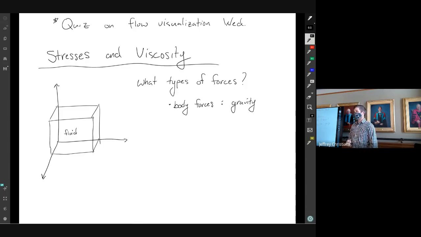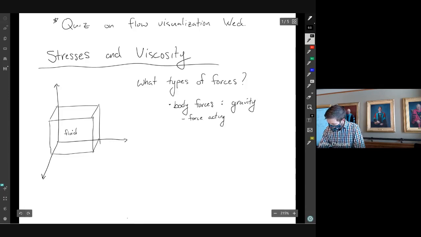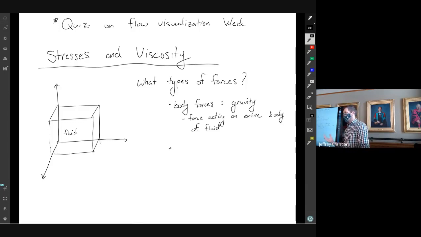A body force, and we'll talk about this, is a force that acts equally throughout the entire cube of fluid. So this is a force acting on the entire body of the fluid.